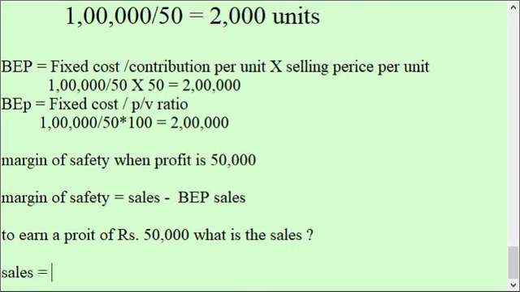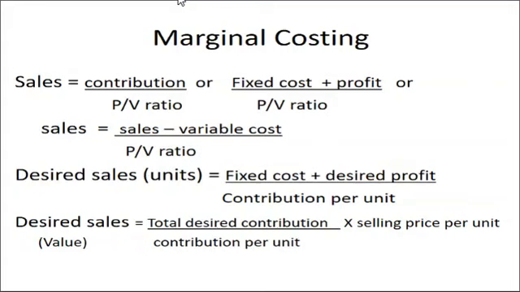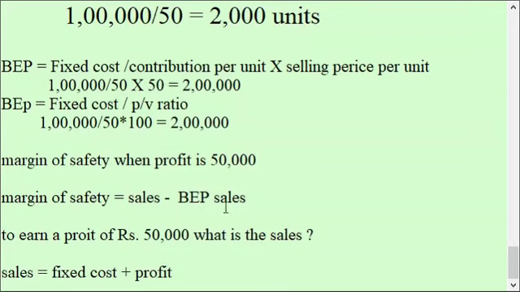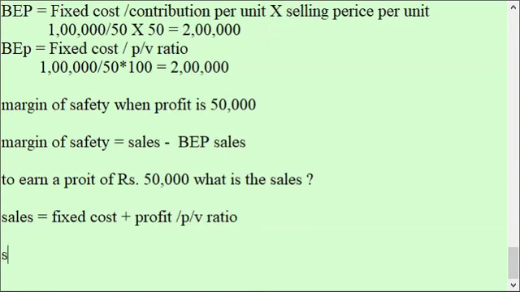Sales is equal to fixed cost plus profit, divided by PV ratio. Okay, so sales is equal to, fixed cost is how much? 1 lakh rupees.